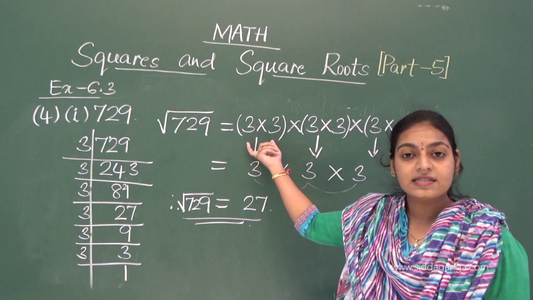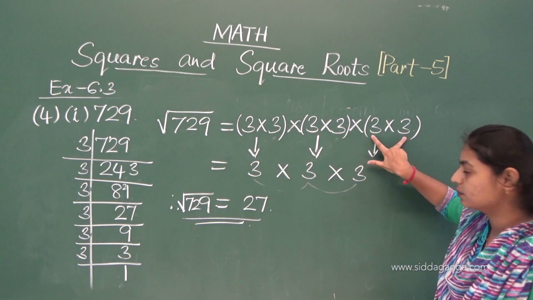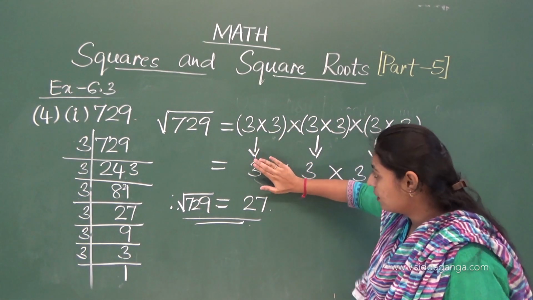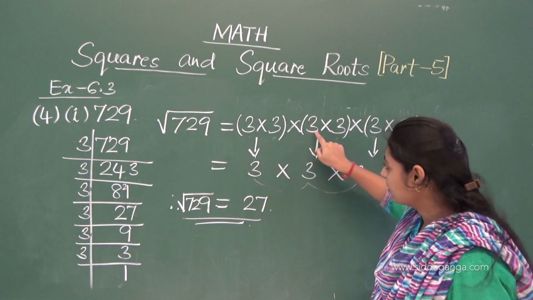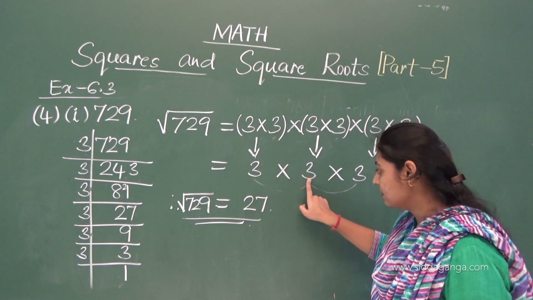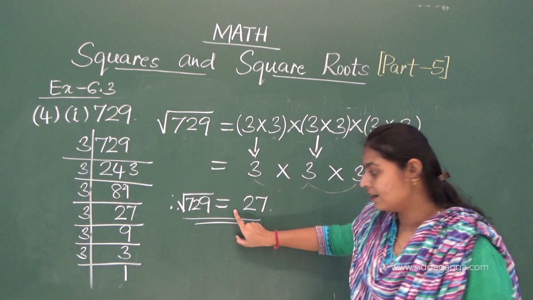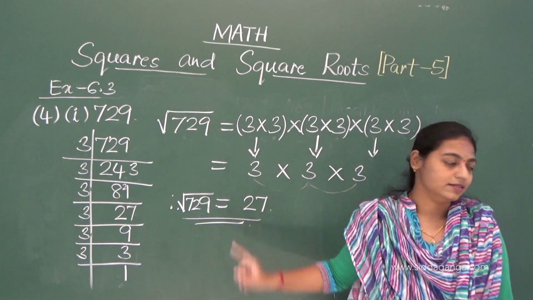Make pairs of similar numbers. Take out one factor from each pair and multiply those numbers. 3 3s are 9 and 9 3s are 27. Therefore, root of 729 is 27.